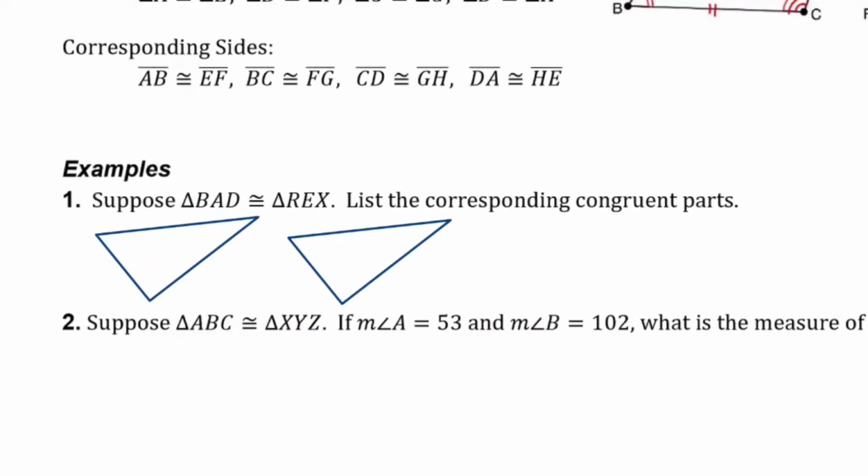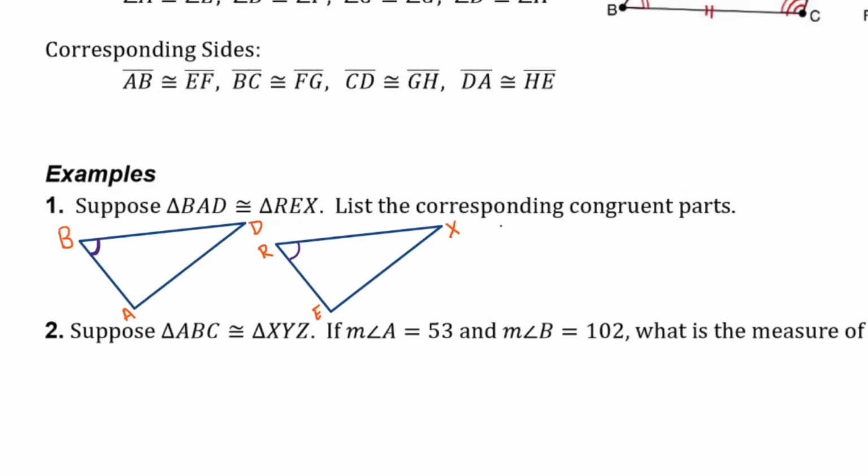Let's look at some examples. If I look at example 1, we have triangle BAD, and it is congruent to REX. So I'm going to go ahead and label B, A, D and R, E, X. Make sure the B angle is the same as the R angle, the E is the same as the A, and the D is the same as the X. So I've got a purple line here.